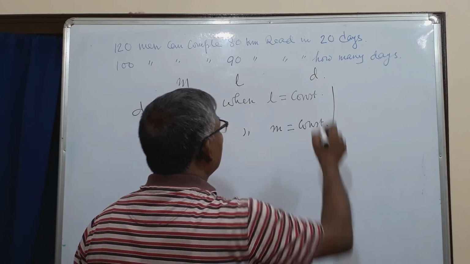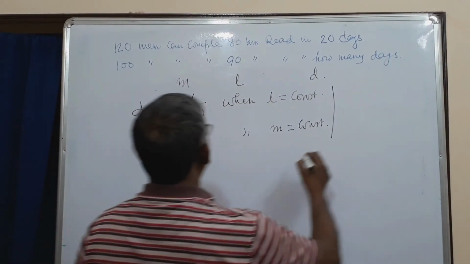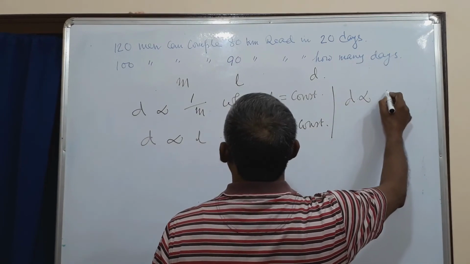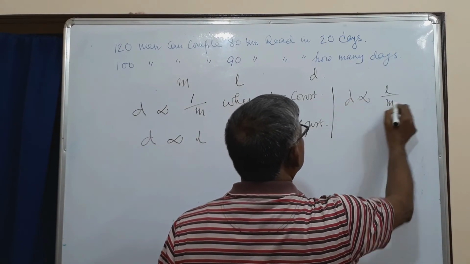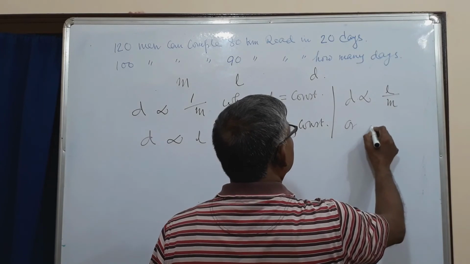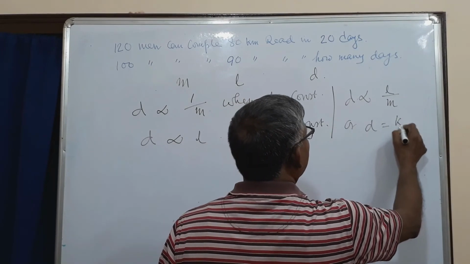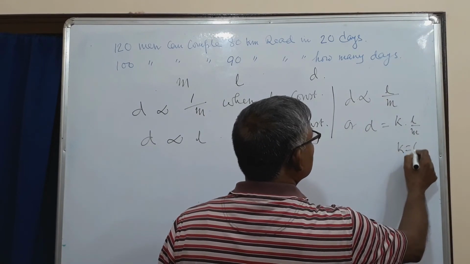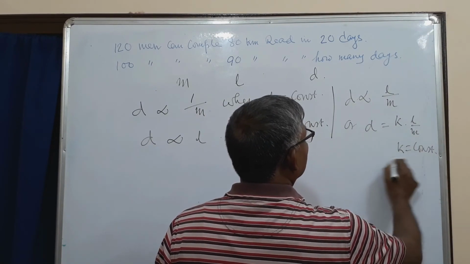With the property of joint variation, we can write d varies as L by m, or we can write d equals k into L by m, where k equals constant.